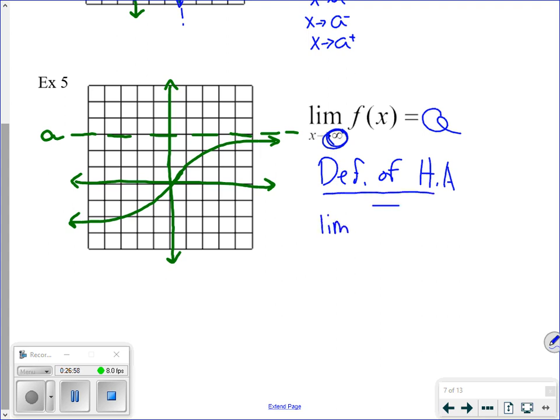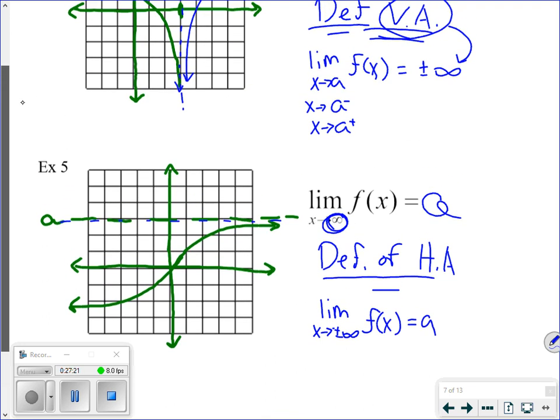So if I take the limit as x is approaching infinity, either positive or negative infinity, doesn't matter, of f of x, and that equals any number, by definition, that is a horizontal asymptote. So in this case right here, it would be a. That'll help you with the last slide as well.